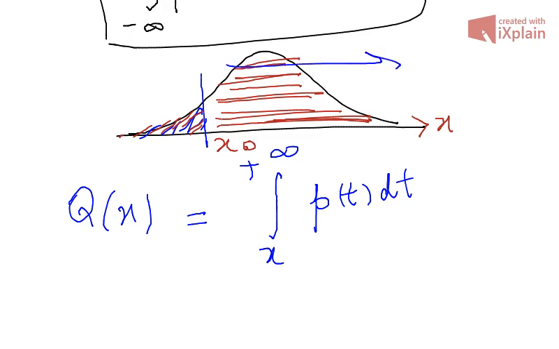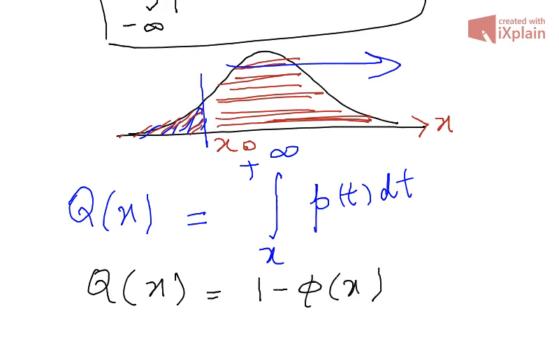So q of x is, we can say, 1 minus phi of x, related to the CDF, or you can write it using the PDF of the standard normal curve.